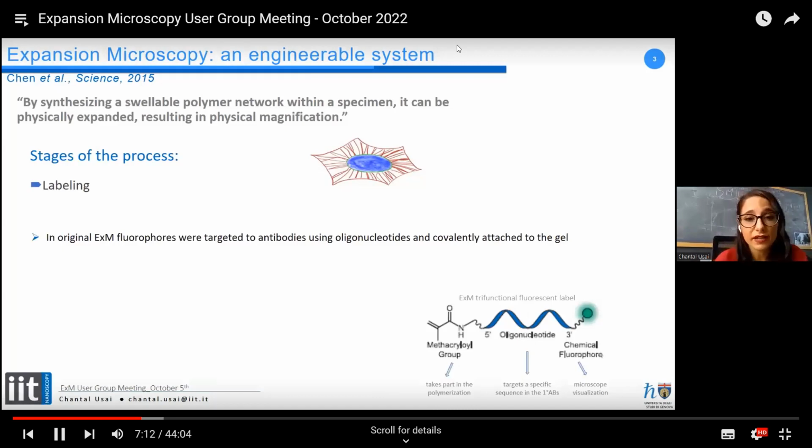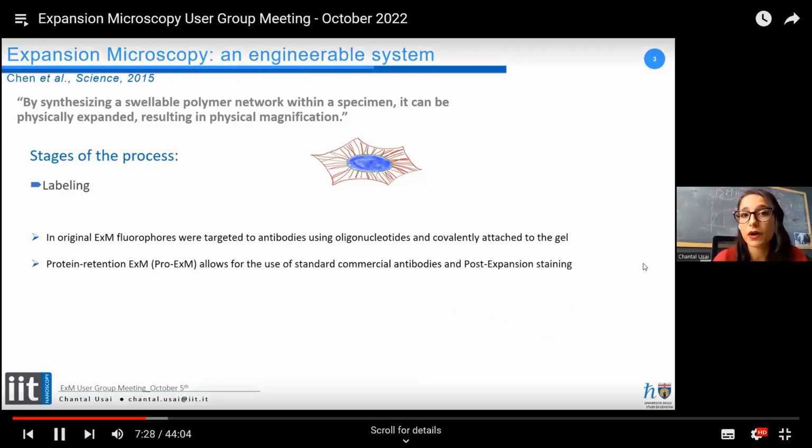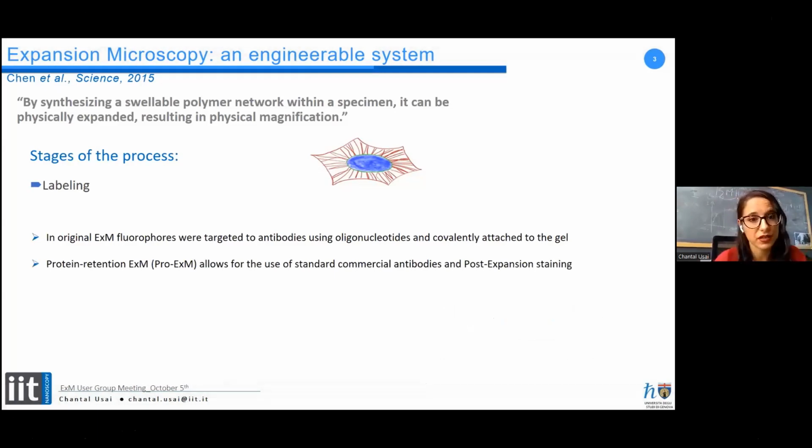Then, starting from that, the protein retention expansion microscopy protocol was developed, and this allowed for the use of standard conventional antibodies and introduced for the first time the concept of post-expansion staining. And after that, a lot of labs around the world are now developing gel-anchorable small molecular probes for various biological targets.